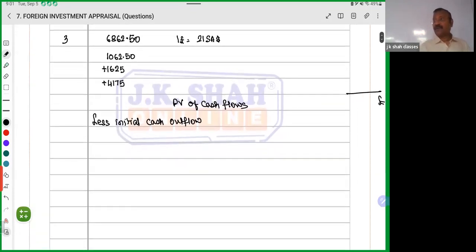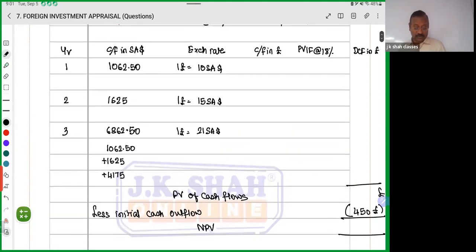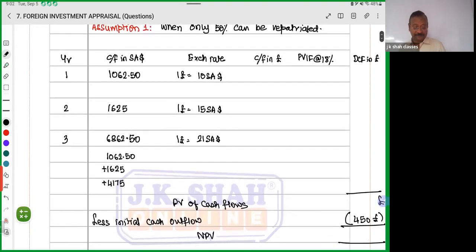So you will need to convert it? This would be NPV. So calculate the NPV.